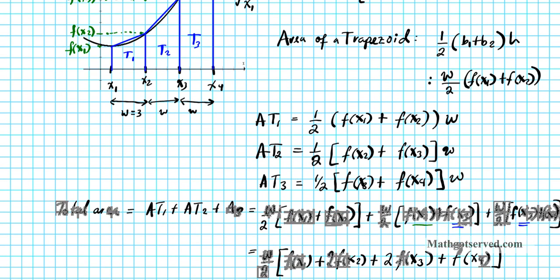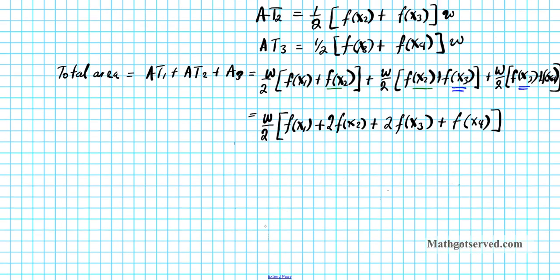Now, what if I wanted to do, for this same problem, the left rectangular approximation for three subintervals? So that one is going to be the left rectangular approximation, W over 2, and then we're going to skip the right endpoint. So it's going to be times f of x1 plus f of x2 plus f of x3.